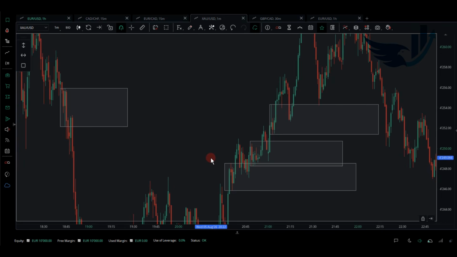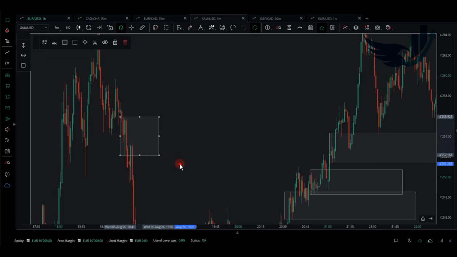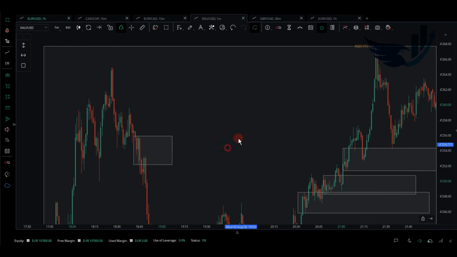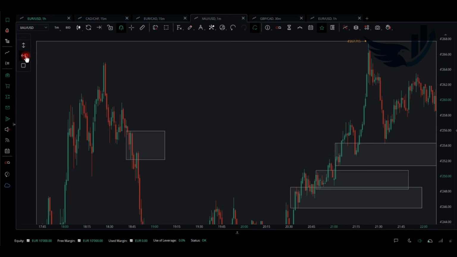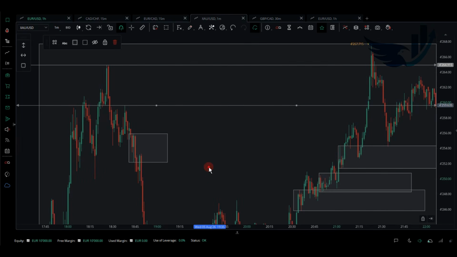And in return, you have to see a reaction, right? Here, if I want to find a major high in this trend, I would say this one and also this one, they are important highs, right?